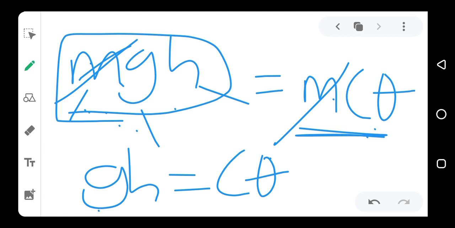So if we know the height, we just put the acceleration value, which is 10, multiply by the height, and equate it to this, and we get whatever we want. Now that is a case of one of the examples that we have here.